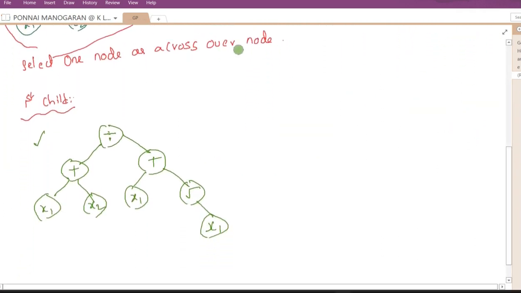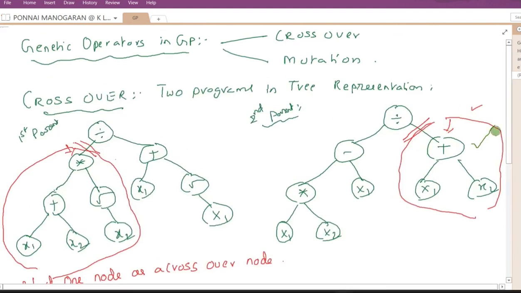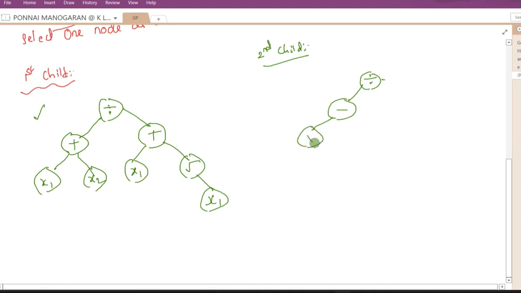Similarly, for the second child, you first draw the second parent as it is except the right subtree. So that means, this is x1 and this is x2.